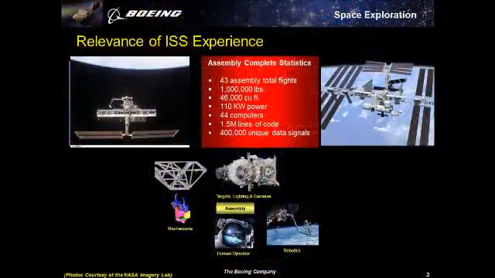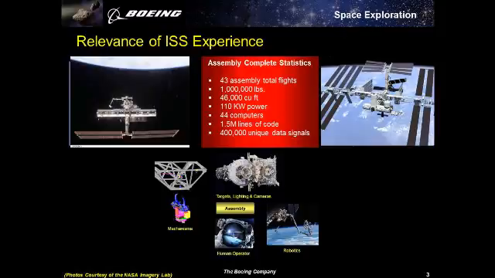So this assembly experience has allowed us to learn and work complex tasks in space, and particularly assembly tasks. It is with this background that we offer several concepts to meet the asteroid capture challenge.